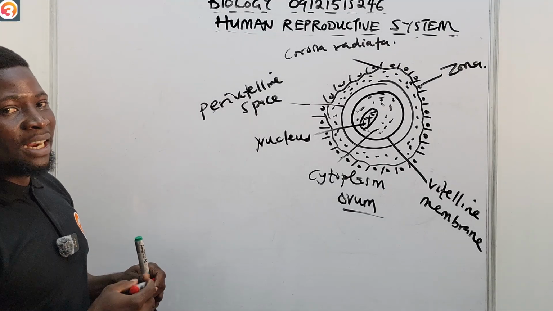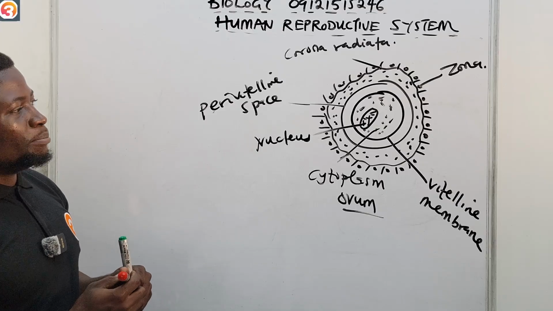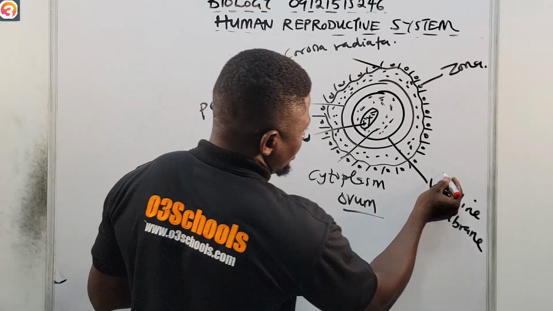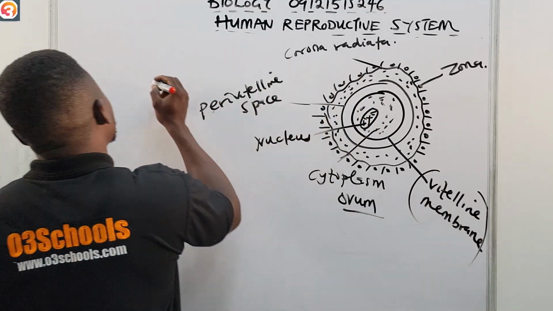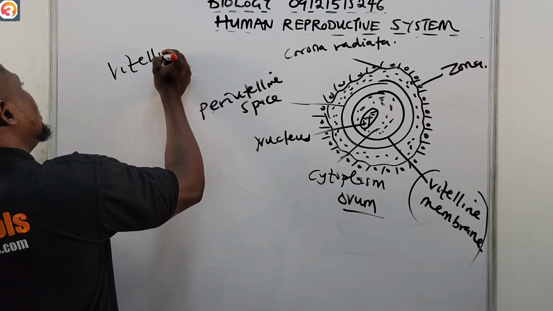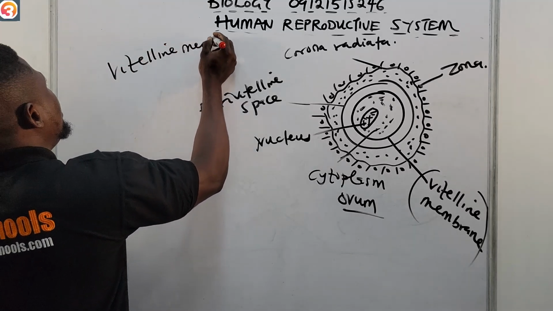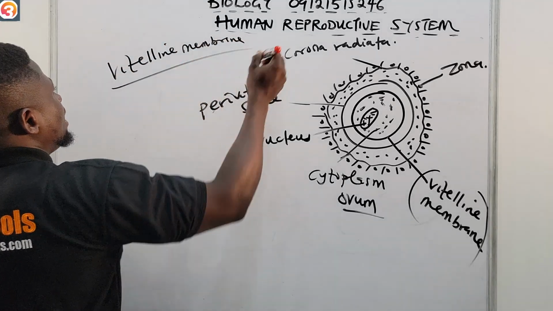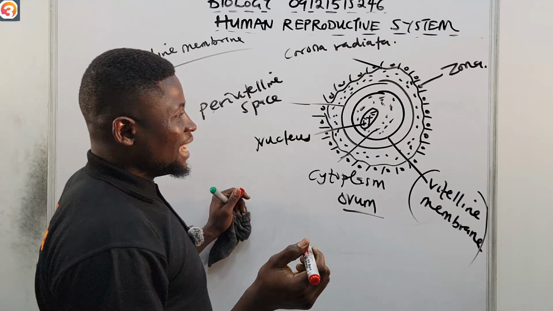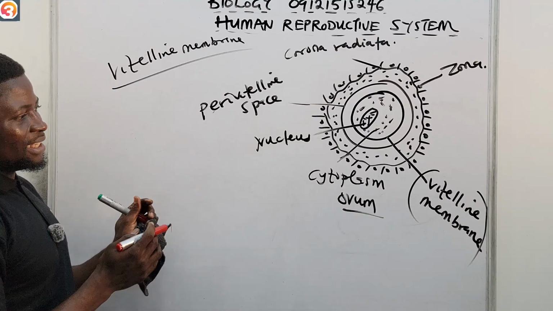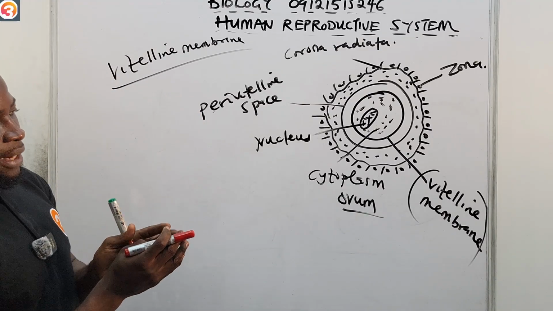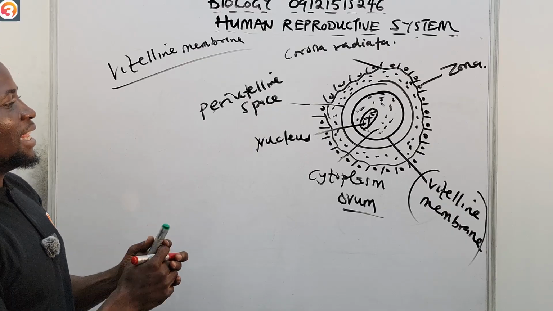So the ovum is surrounded by a vitelline membrane, which is outside the cell membrane. That is it. The ovum is surrounded by a vitelline membrane, which is outside the cell membrane.